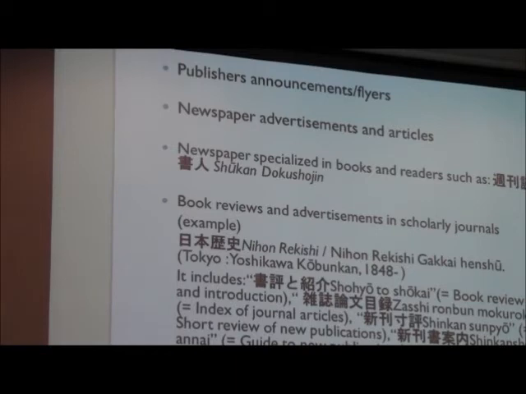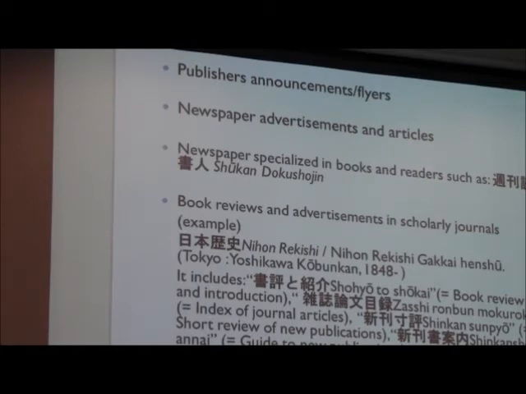And book reviews and advertisements in scholarly journals. For example, Nihon Rekishi, which is published by Yoshikawa Kobunkan, has articles called Shokyo to Shokai, Zasshi Ronbun Mokuroku and Shinkan Shinpyo.